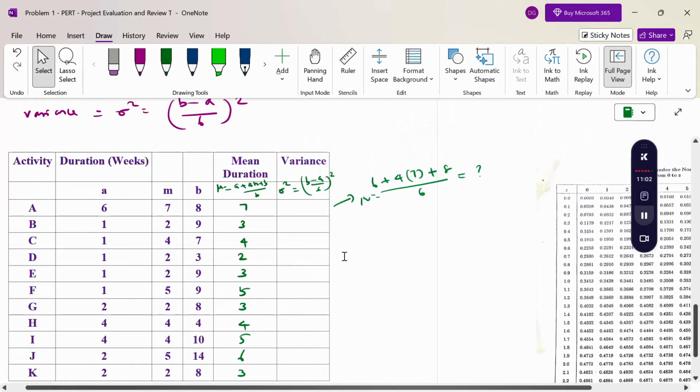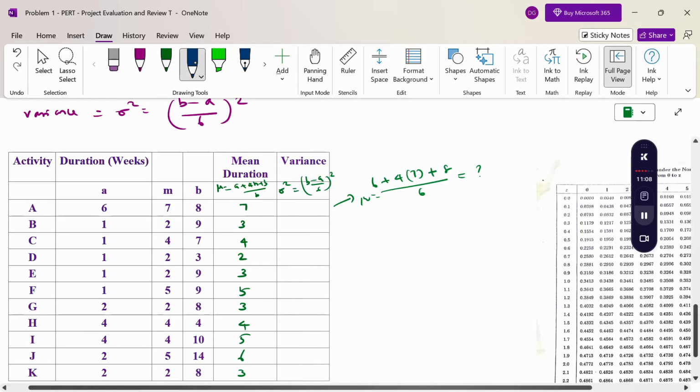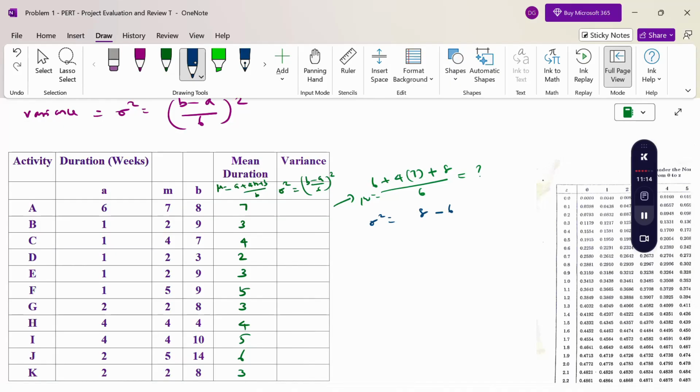Now for the variance, again using the formula, finding the values of variance. So the variance is nothing but sigma square equal to ((b minus a) by 6) square. So b is 8 minus 6 by 6 square, so 2 by 6, 1 by 3 whole square.